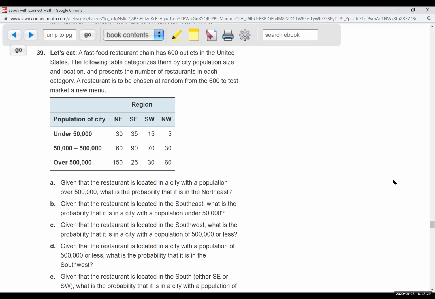So remember, take note of this. I mentioned earlier, you see the hint, given that. So this is a conditional probability.